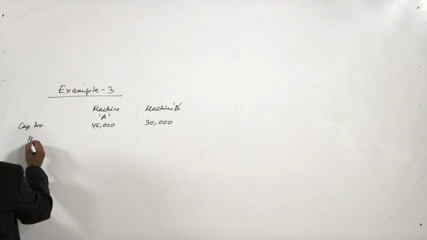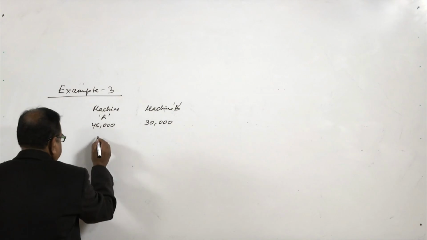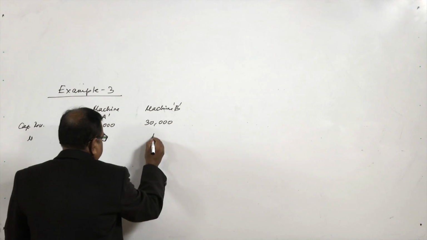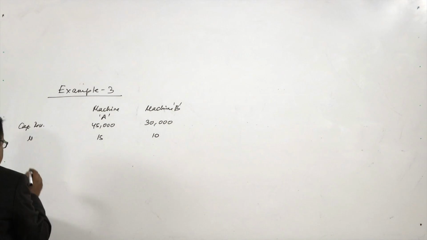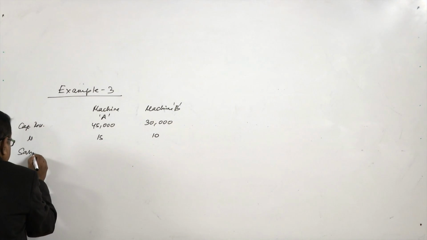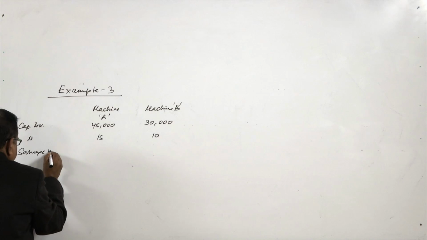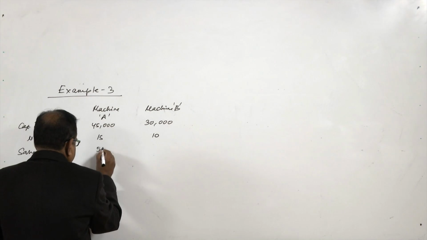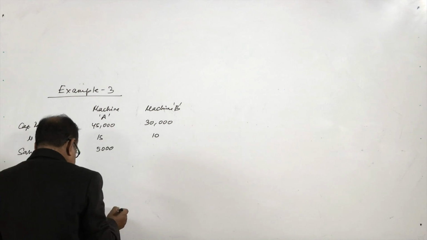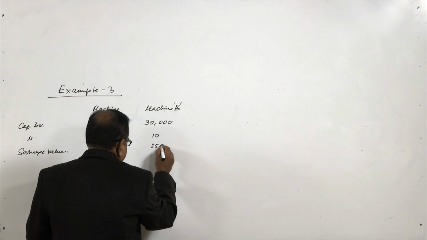Useful life N is 15 and 10, note this is different. Salvage value is 5,000 and 2,500.